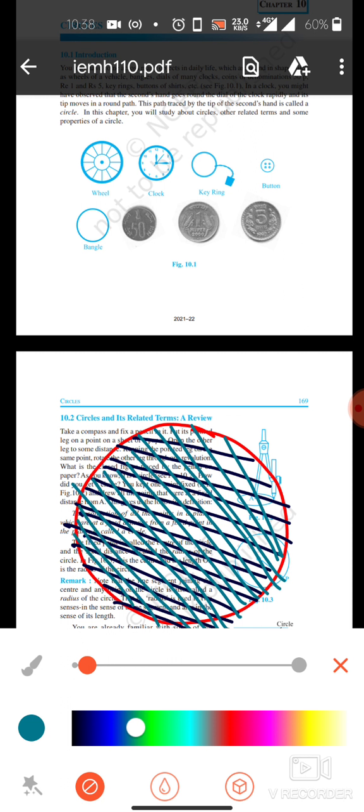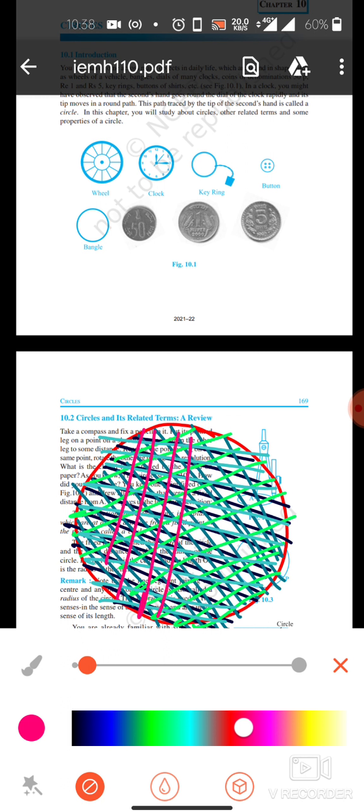This is a chord only. This is also a chord. Then I can make a straight line, this is also a chord. Then I can make vertical straight lines, these are also chords.